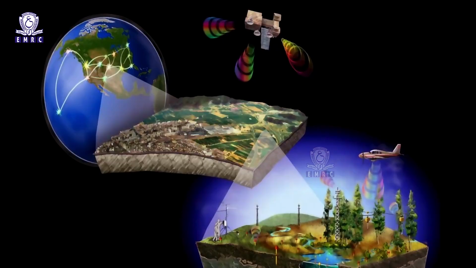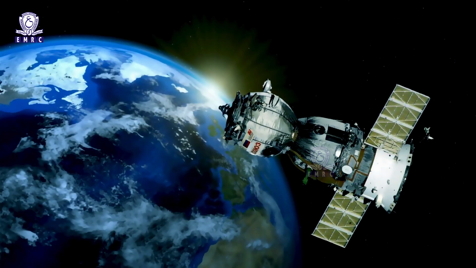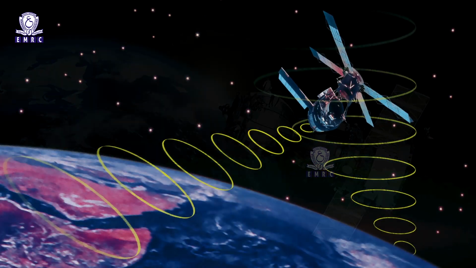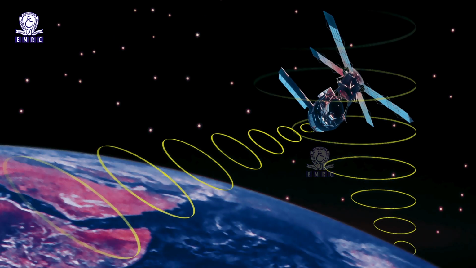Remote sensing, also called Earth observation, refers to obtaining information about objects or areas at the Earth's surface by using electromagnetic radiation, that is, light, without being in direct contact with the object or area.